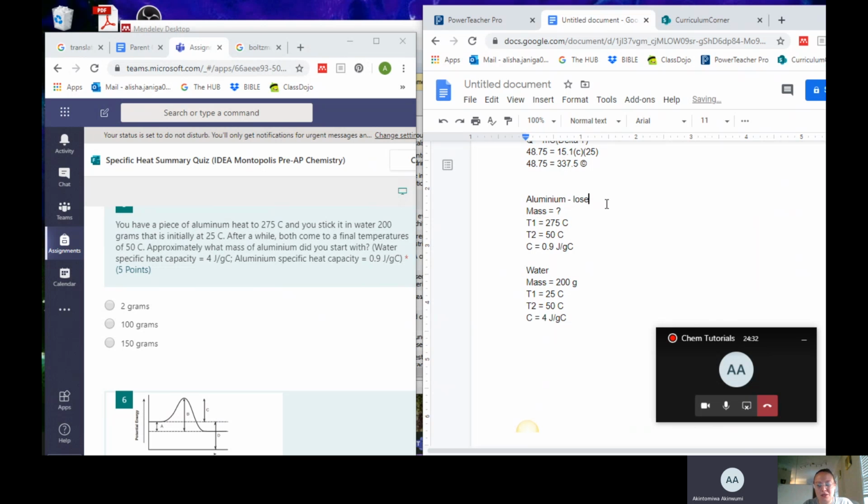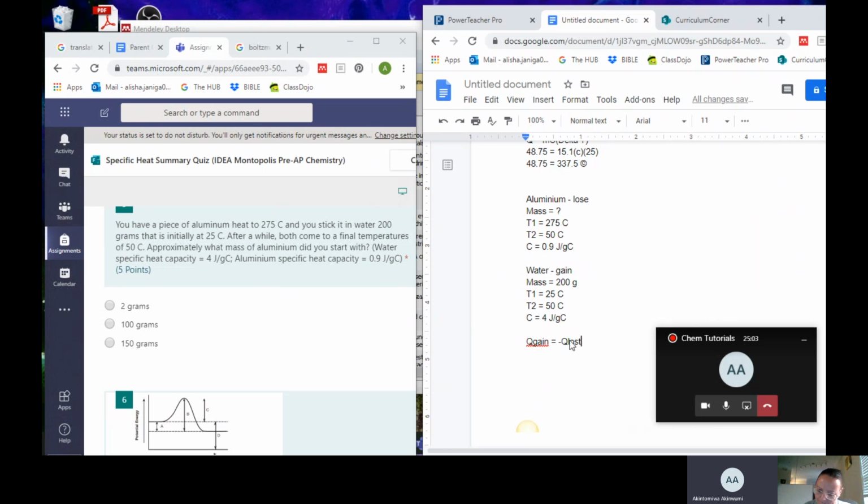Yep, so we'll put lose here, which means that the water is gaining. So our formula is Q gain is equal to negative Q lost. And the idea is that energy is conserved because we can't create it, we can't destroy it, and that's why they're equal. And when you lose money from your bank account, it goes negative. And that's why we have Q lost as negative, to show that it's energy leaving the system.